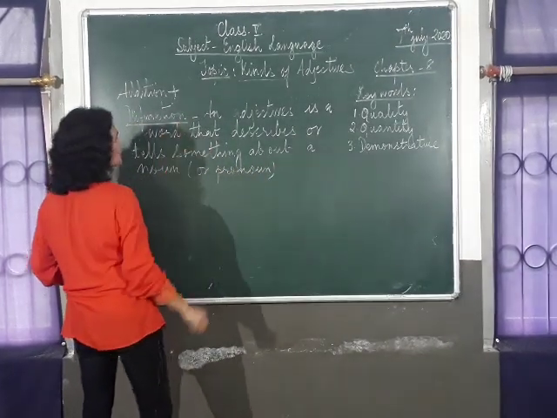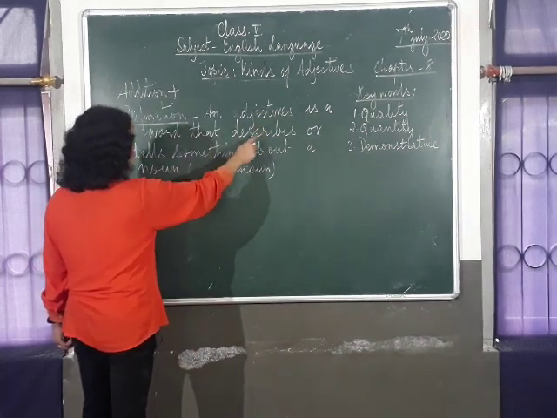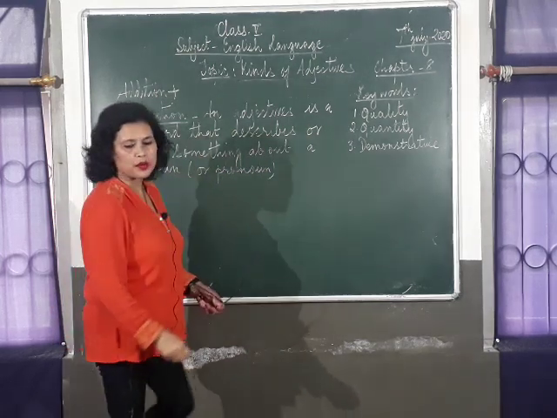This is the definition of an adjective. An adjective is a word that describes or tells something about a noun or a pronoun.